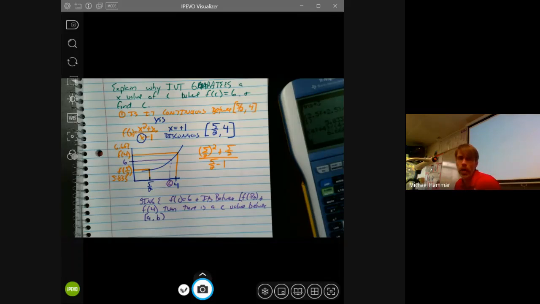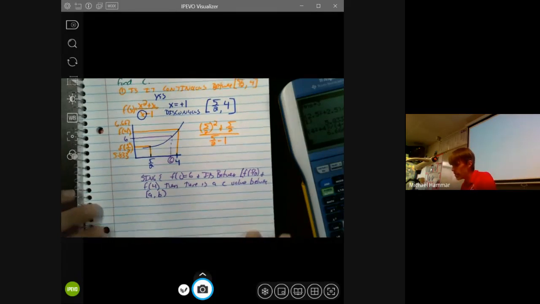So you need to always make sure, first of all, that it's continuous on the interval you're working with. And then the next thing we had to do is figure out if that 6 is found between f of 5/2 and f of 4, which it is. So that means that it will be in there. Now, they want us to find c.